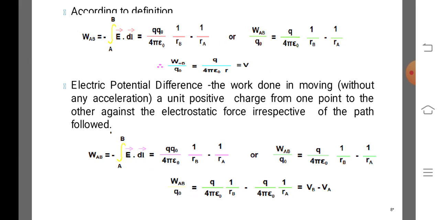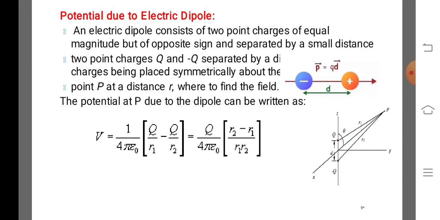Already I told you F has an opposite sign, so we put minus F into dl. Replacing the F value, we get minus EQ into dl. So we can get V_AB equal to minus integral from A to B of E into dl. It is denoted by V_AB and is known as the potential difference between points A and B.